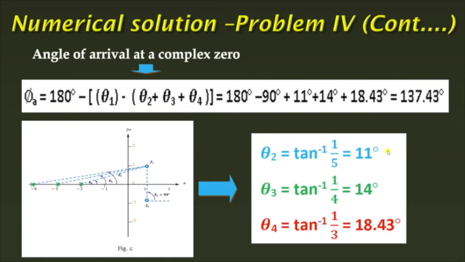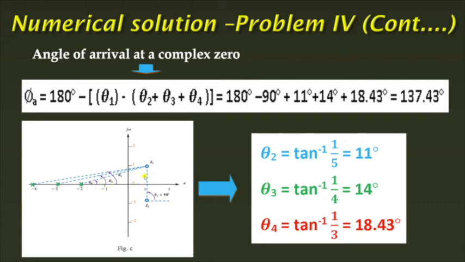This is 11 degrees. Then calculate theta 3. This angle equals tan inverse y divided by 1 plus 1 plus 1 plus 1, that means tan inverse 1 by 4, which is 14 degrees. Next calculate theta 4.